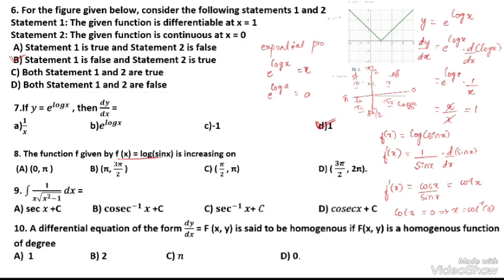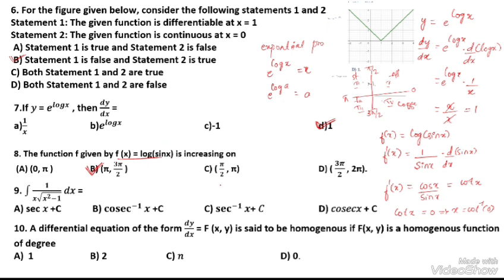Here, in this third quadrant, the given function is increasing, that is from pi to 3 pi by 2. The option number 2: in this interval, the given function f of x is equals to log of sin x is increasing.